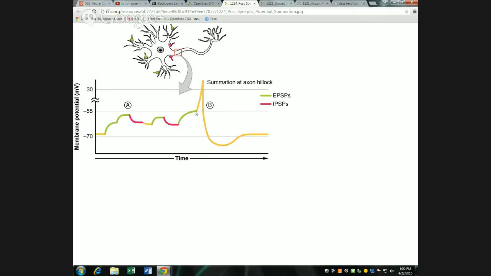Okay. Yeah, so basically it's kind of a competition between excitatory and inhibitory, and whichever one there's more of, if there eventually gets to be more excitatory synapses, it polarizes, but otherwise it doesn't.